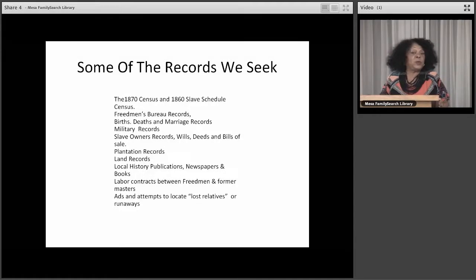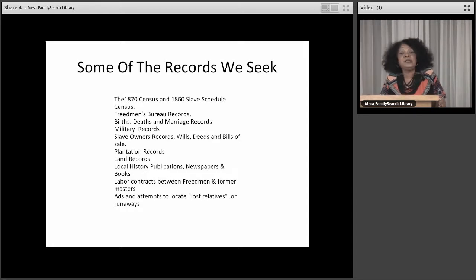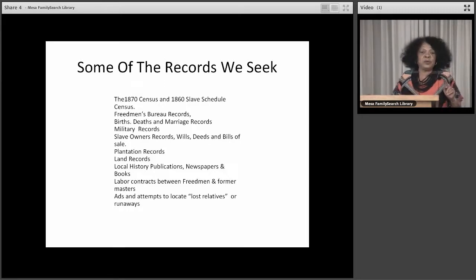They transported people. They helped people locate family members if they could. They performed marriages. And they also set up the Freedmen's Bank, which was the Enron scandal of its time. It failed miserably, but they had wonderful records of the freedmen that were depositors.